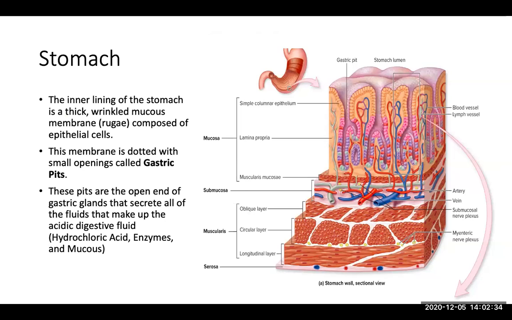The stomach lining has thick, wrinkled mucous membranes called rugae, composed of epithelial cells. The membrane will be dotted with gastric pits, which are deep invaginations or openings. These pits are the open end of the gastric glands that secrete all of the fluids that make up the acidic digestive fluid with hydrochloric acid, enzymes, and mucus.